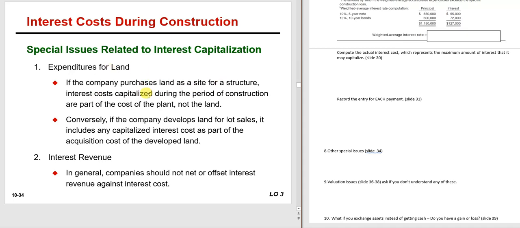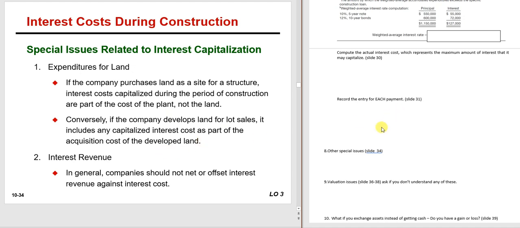Okay, so basically this is what I've said. It goes to the building, not the land. If a company develops land, it includes any capitalized interest as part of the acquisition cost of the developed land. So the only time interest is capitalized on land is if you, in essence, build the land. So in other words, we're developing plots of land for resale.